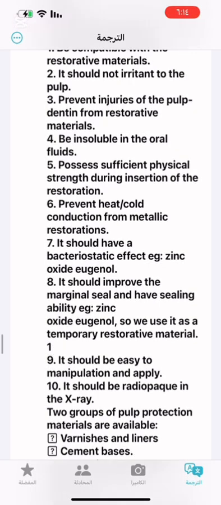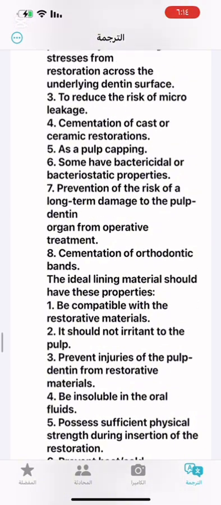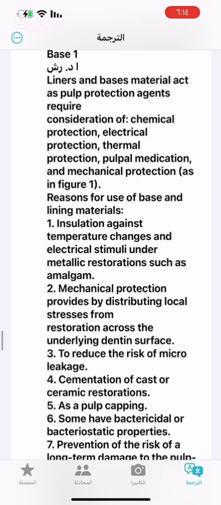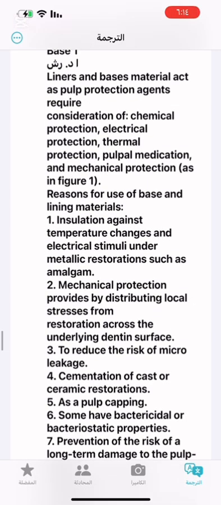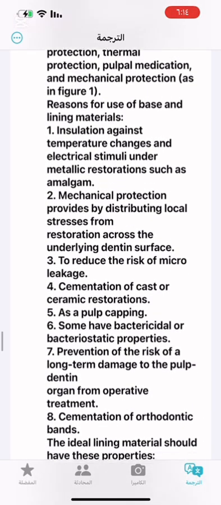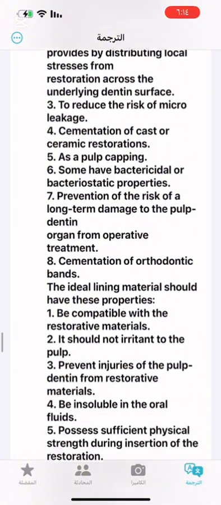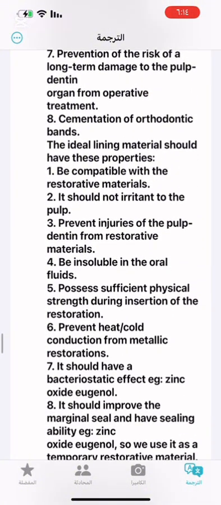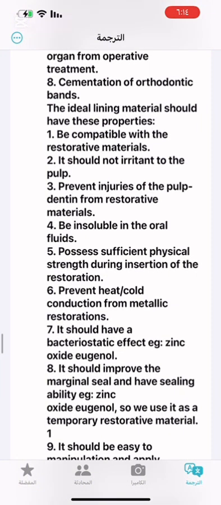8. Cementation of orthodontic bands. The ideal lining material should have these properties. 1. Be compatible with the restorative materials. 2. It should not irritate the pulp. 3. Prevent injuries of the pulp-dentin from restorative materials. 4.